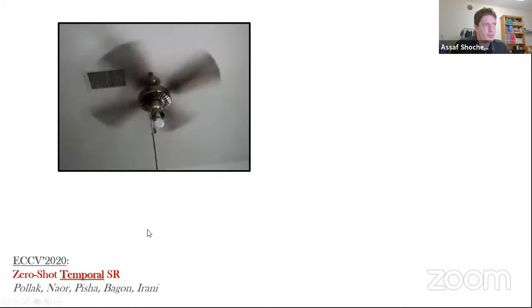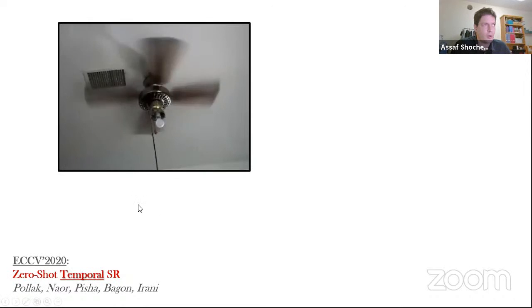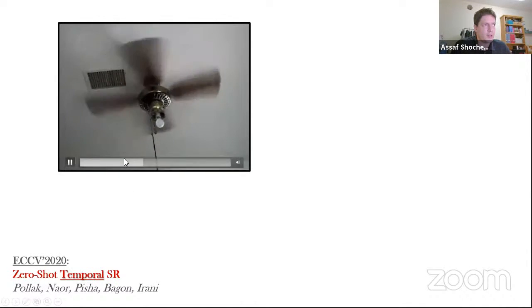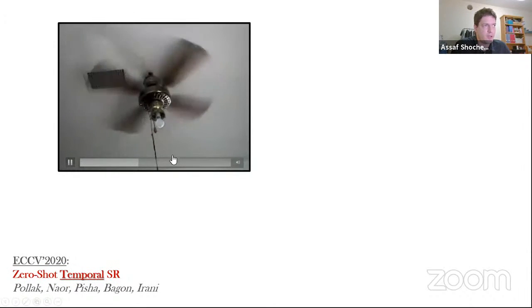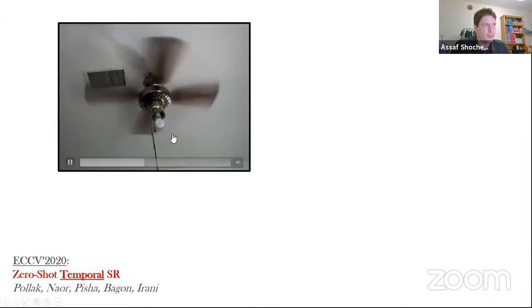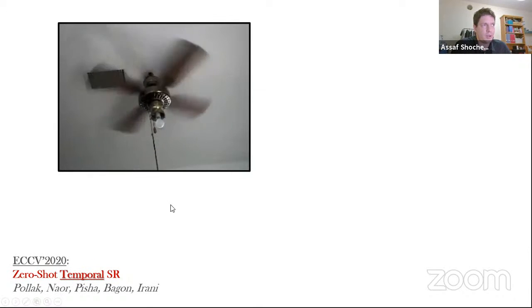You can see that when you have this video and you want to have a slow motion of it, this is really problematic because you have severe blurring, motion blur artifacts, and if you look well, you also have these temporal aliasing effects.